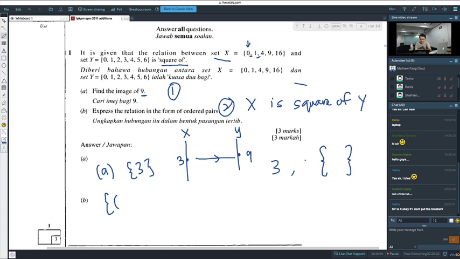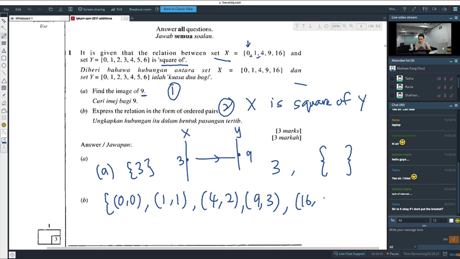Normally I draw this bracket, and then I write 0, 0 using the normal bracket, comma. Then 1 pairs with 1, and 4 pairs with 2, because the square of 2 is 4. Then 9 pairs with 3, and the next one, 16, pairs with 4. That's all. Then I close the bracket. I think this is the correct way to write in the set topic.